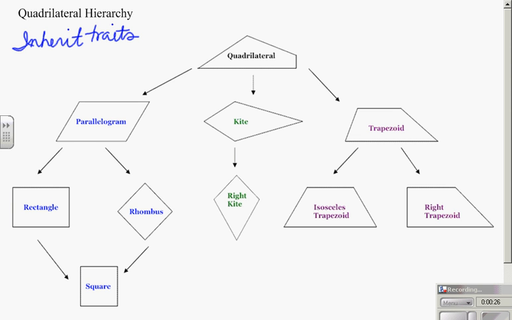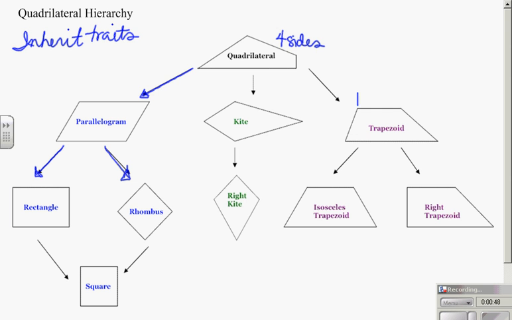So just like any good flow chart, wherever there's an arrow connecting, things are going to filter down. So when we put our definitions on here, you will begin to see how the qualities filter down from previous shapes. So quadrilaterals obviously have 4 sides.